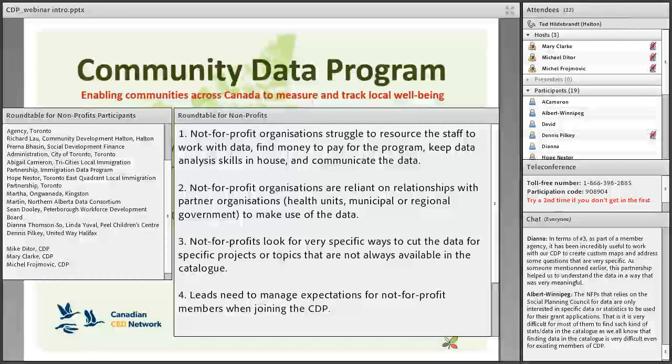They hadn't thought of looking at the data in terms of more timely data. They're always looking, of course, for as good data as possible. So there's an example that you wouldn't think to use tax filer data in quite that way. But I also think sometimes there's very specific projects, and something that we're working on right now here in Halton is our newcomer strategy, which is our local immigration partnership. It's sort of funny in terms of the second step of working with partner organizations like local government to make use of data.